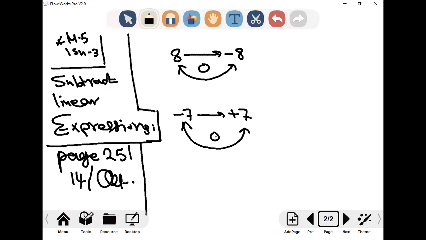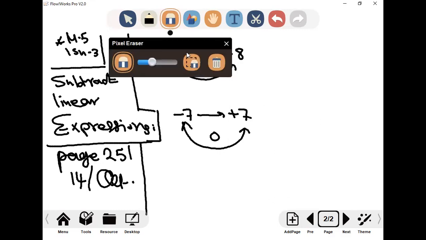expression. Come on, focus with me now. Negative 7 plus 7. Why? I'm asking you now. Negative 7 plus 7. How much? How do we do it? Negative 7 plus 7. How do we do it?